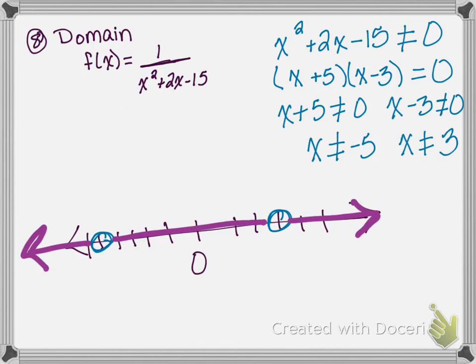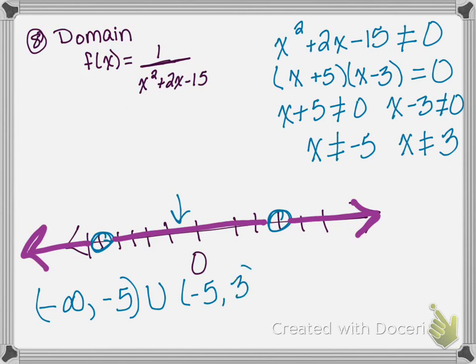Lots of people forget this middle part right here. Lots and lots of people forget that. So I start at negative infinity, and I go to negative 5, and then I put a union. Now I've got to do the in-between part. So I have negative 5 to positive 3, and then I have positive 3 to infinity.